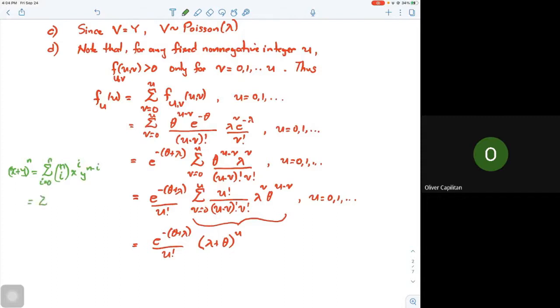And we can take this as n factorial over n minus i factorial, i factorial, x to the i and y to the n minus i. Okay, almost the same. This one and this one.